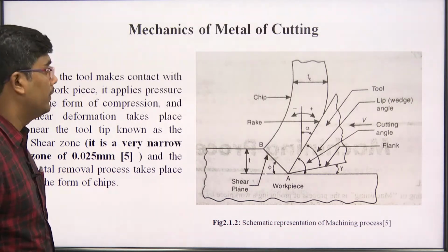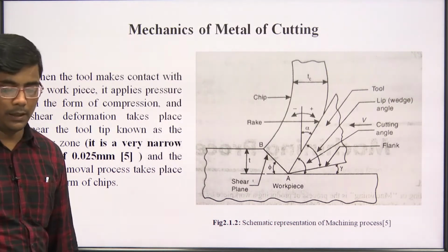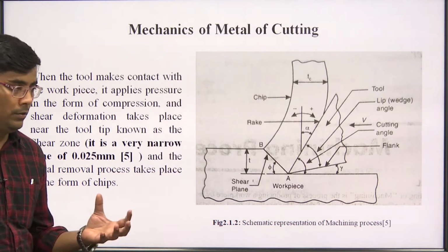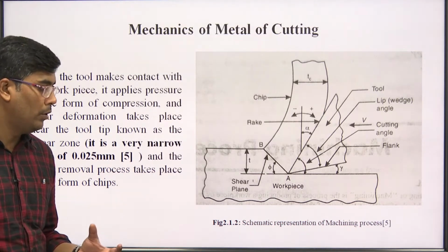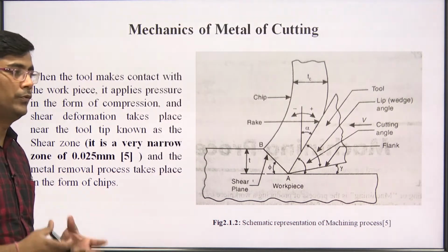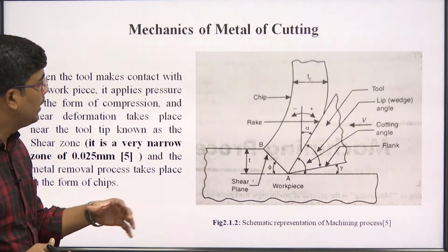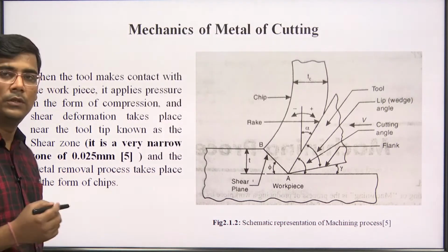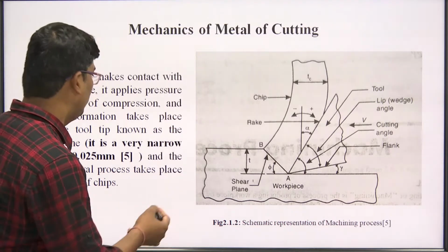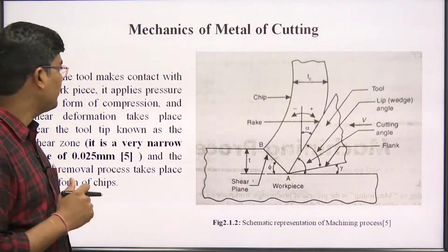Now, here we discuss the mechanics of metal cutting. Mechanics of metal cutting includes various types of angles and forces during chip formation. Chip formation is not an easy task. It is not a simple phenomenon by which we obtain chips.